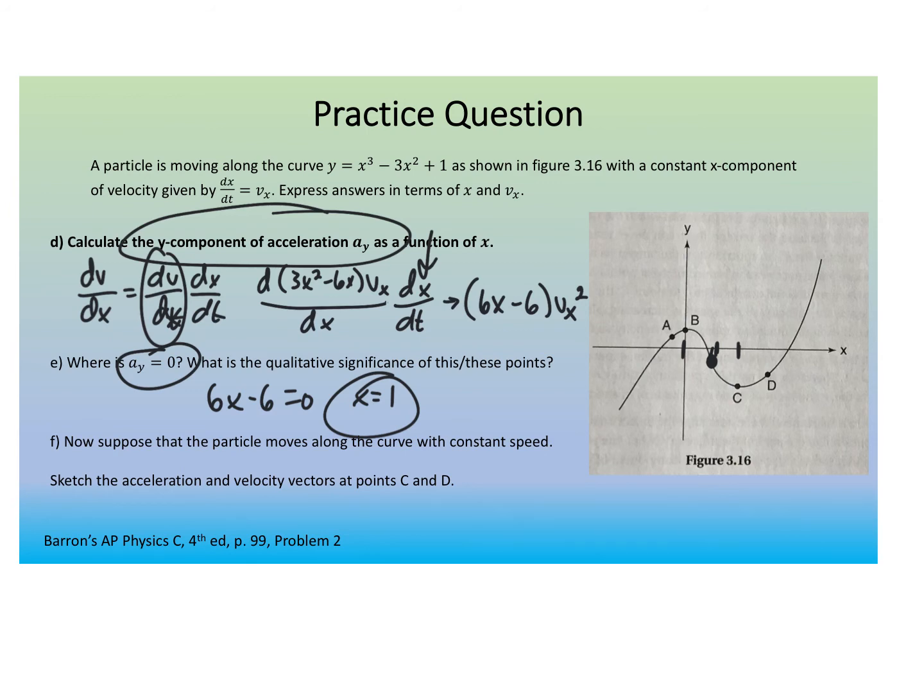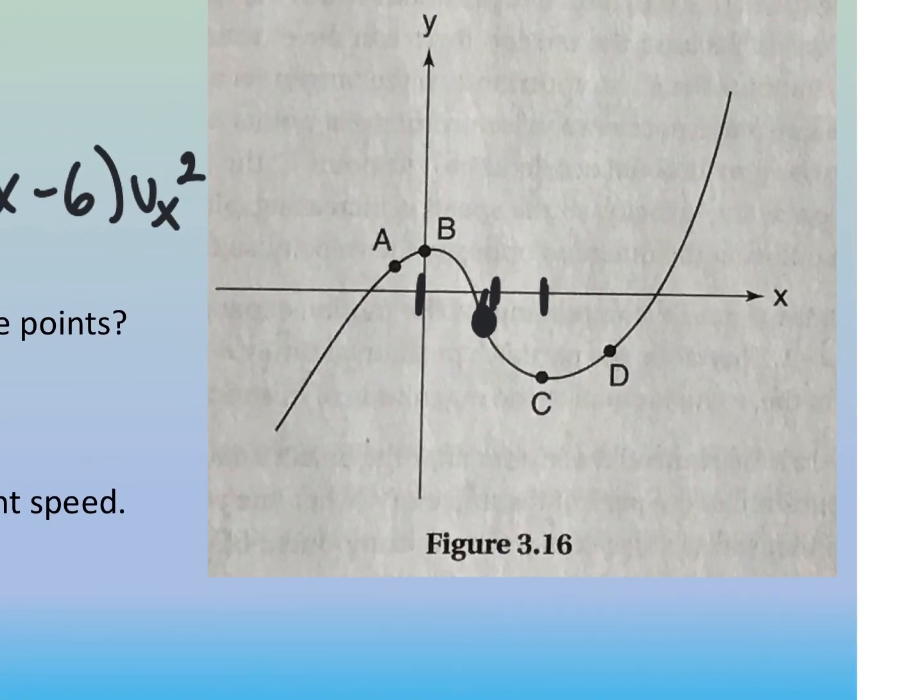If you think about the acceleration vectors, at A and B, our acceleration vectors are pointing downward, and they're pointing downward all along this curve. But once we hit x equals 1, now we're curving the other direction, and our acceleration vectors are pointing upward. So that's where our acceleration has changed direction.